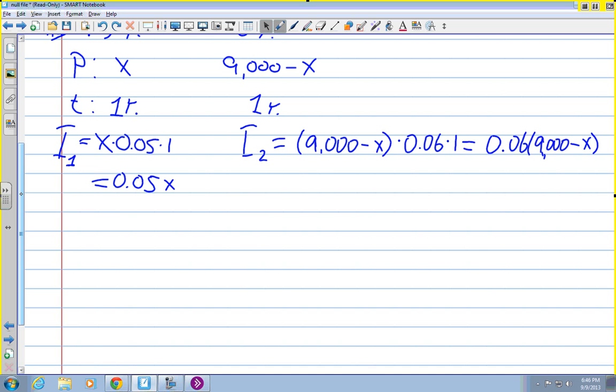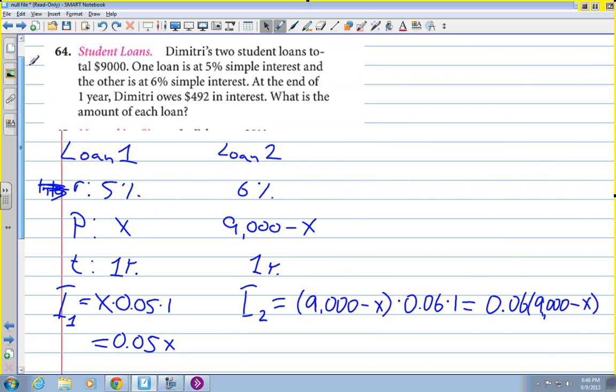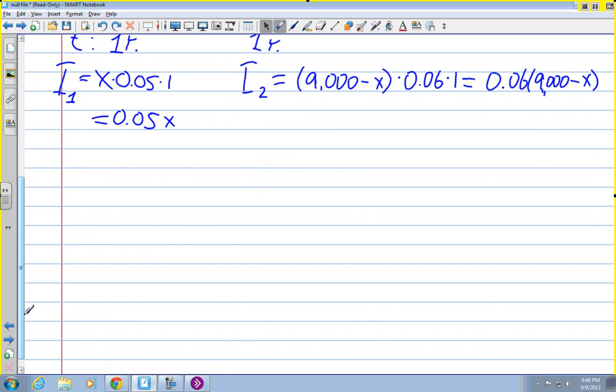How can I build an equation out of that? What else do we know about the interest? He owes $492. Yeah, so the total interest for the year is 492. So if I add these two quantities, I should end up with $492. So I1 plus I2 equals 492.